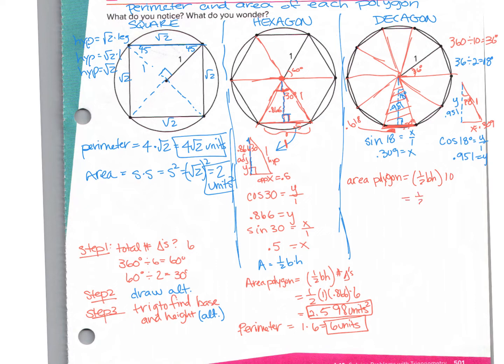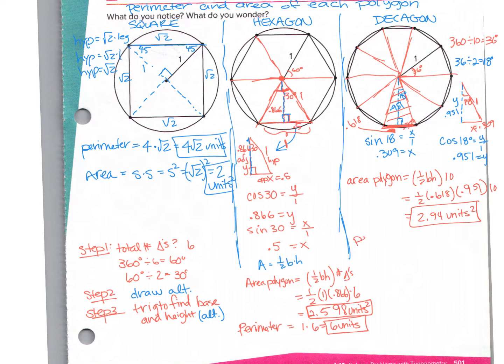So in this triangle, my entire base is 0.618. My height is the altitude, 0.951. And I'm going to multiply that by 10 because I've got 10 triangles in this picture. And so when I do that, I get 2.94 units squared.